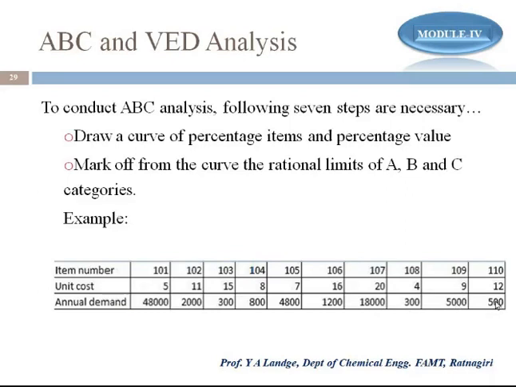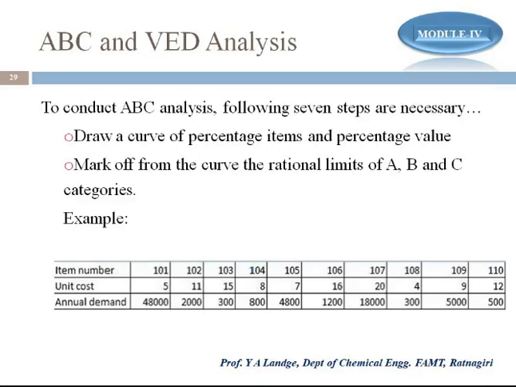Likewise they give the annual demand. Now we have to categorize whether item 101, 102, up to 110 is under the A category, the B category, or the C category.